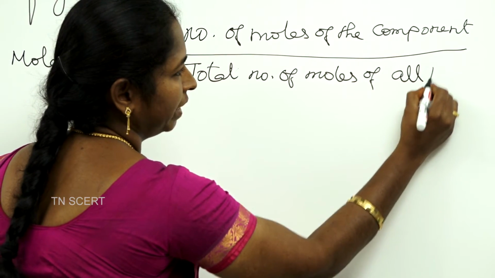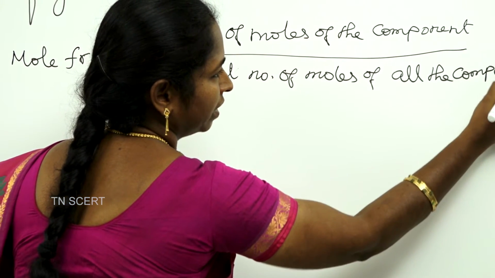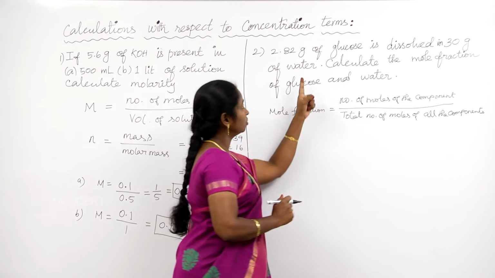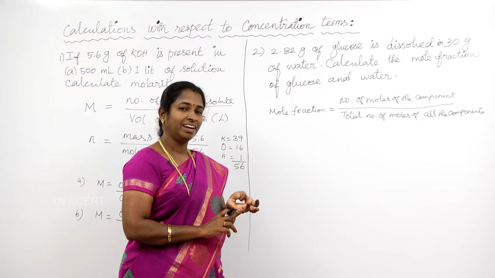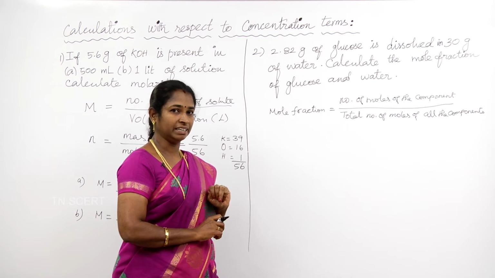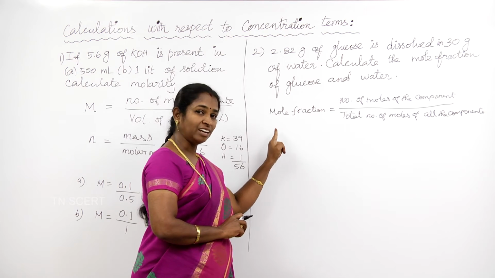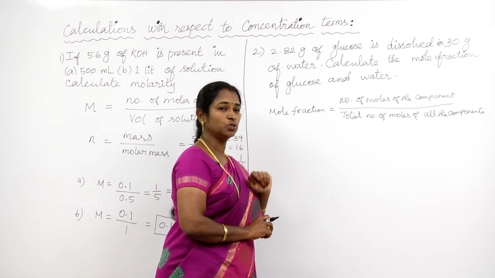Here what are the components? All the components means this solution contains two components. One is glucose and another one is water. So, two components are here. Now, let us calculate the number of moles for the components individually.